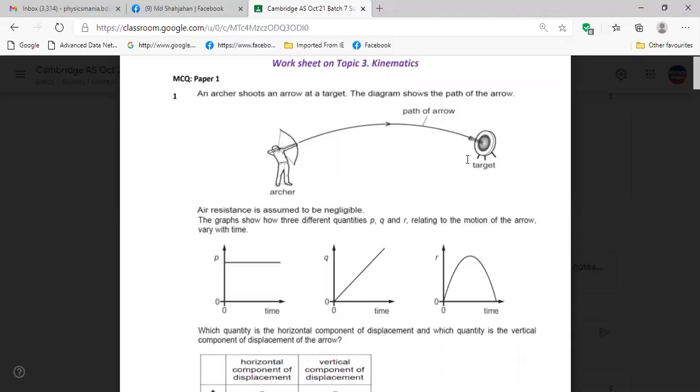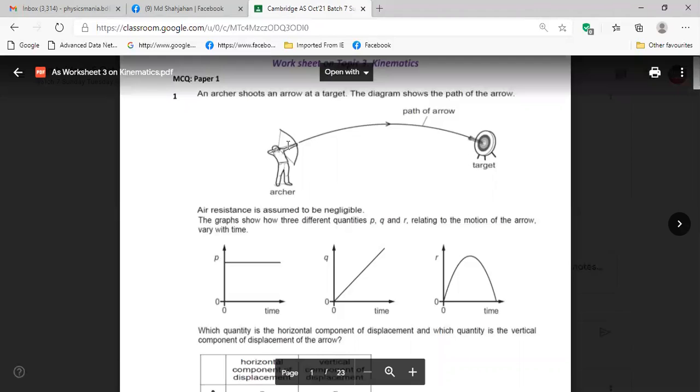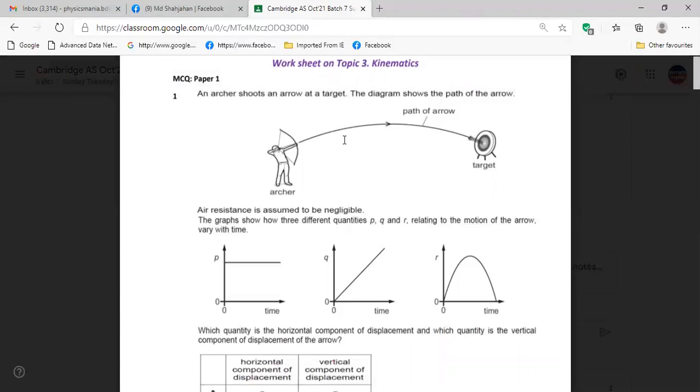Yes, sir. We got there the object is thrown at an angle with the horizontal. That one will be used now, and here the object is thrown upwards, right?